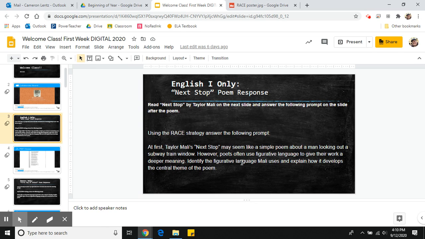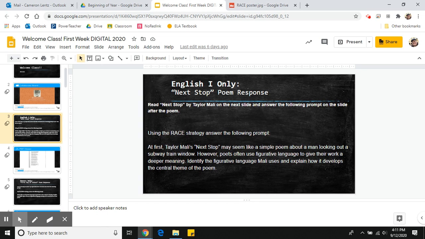That might be a word that I might want to repeat in my RACE strategy answer, figurative language. What are we explaining? We're explaining the development of the central theme of the poem. So that's the noun that's connected to the directive verb explain. So central theme might be another thing that I want to include in the restate part of my RACE answer.